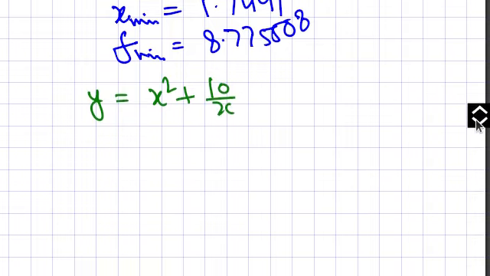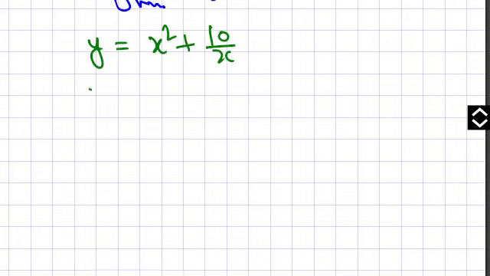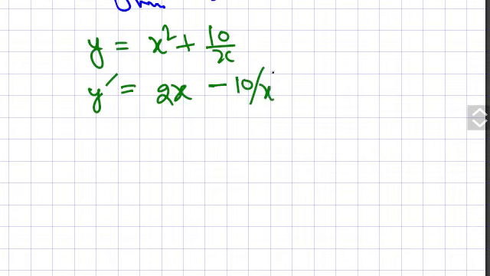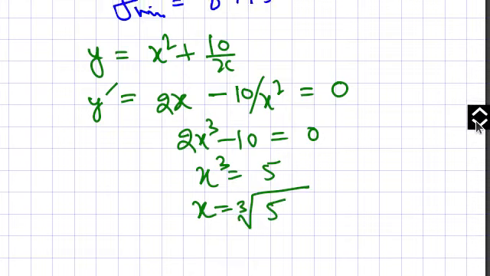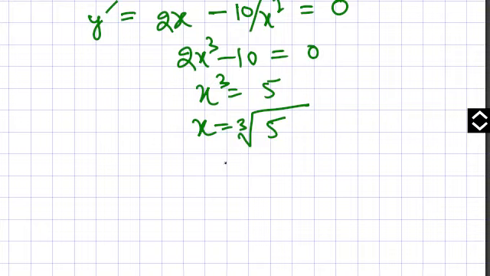Now what you do in these methods is that you find the derivative of it, and it is minus 10 over x square, and you take it to be 0, and then you will get x cube is equal to 5, and then you take the third root of this 5, and you will get the value to be.